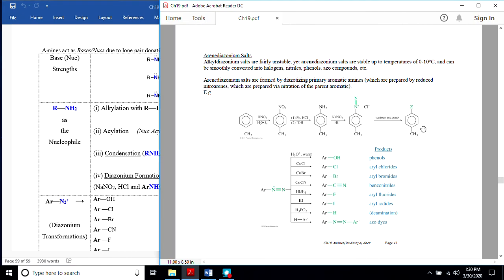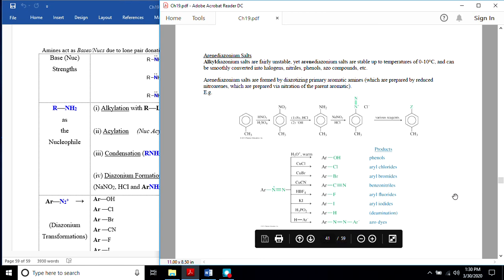Now you might say, what is the point of making something that is so unstable? And the answer is, this diazonium salt can be converted into a wide variety of other functional groups. So this reaction is not for the sake of making the diazonium, it's for the sake of making the diazonium that you can then convert into something else.